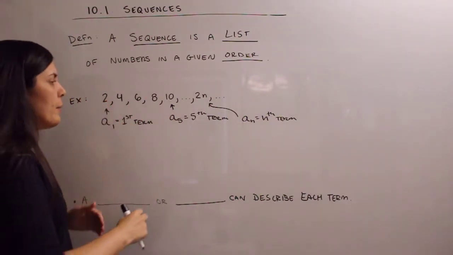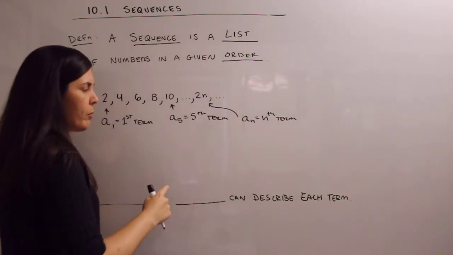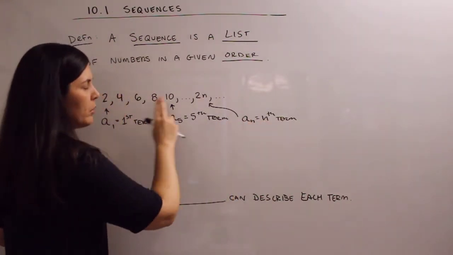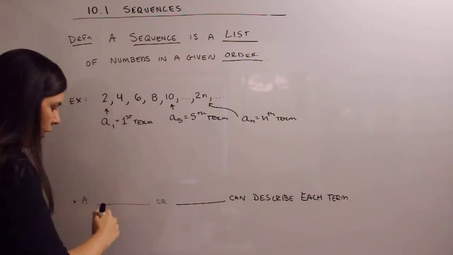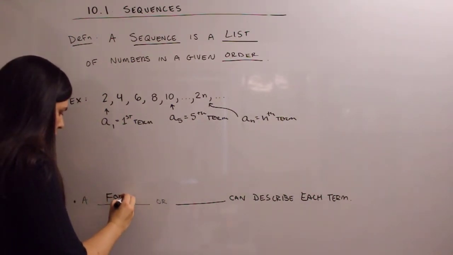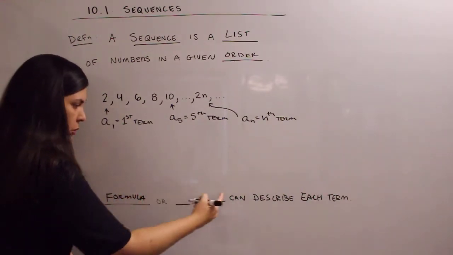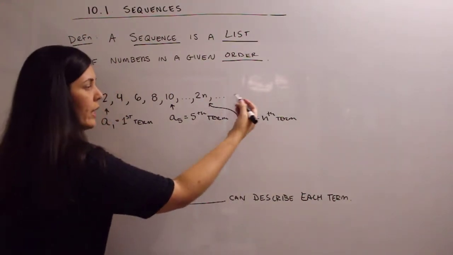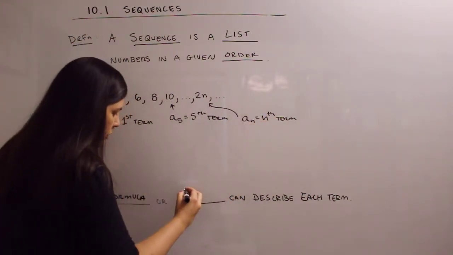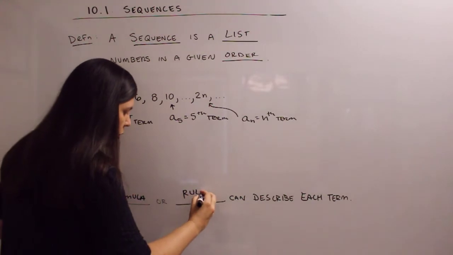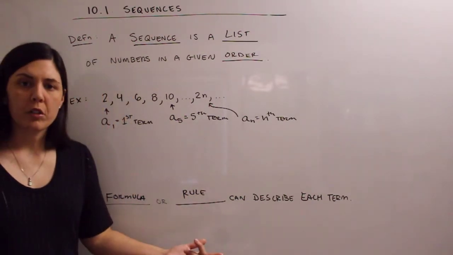Now, the nth term, because it represents any number on the list, there's actually a formula or rule that can be used to describe each of the terms in reference to the nth term. So in general, a term or rule can describe each term.